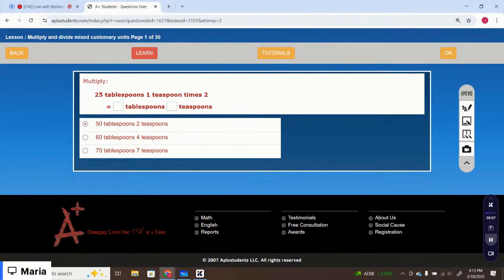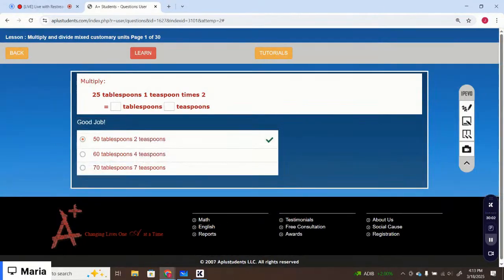You need to multiply them by 2. That is 50 tablespoons and 2 teaspoons. Option number 1 is the correct option.